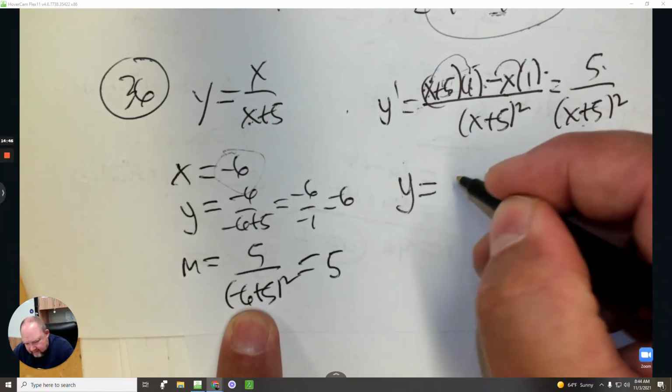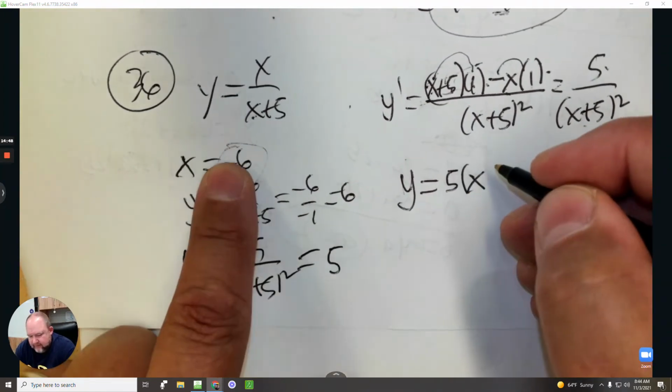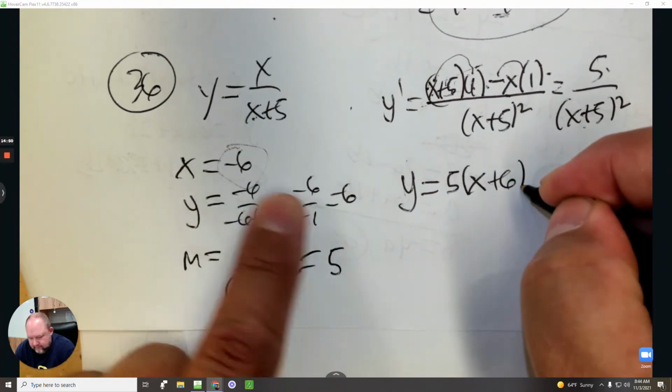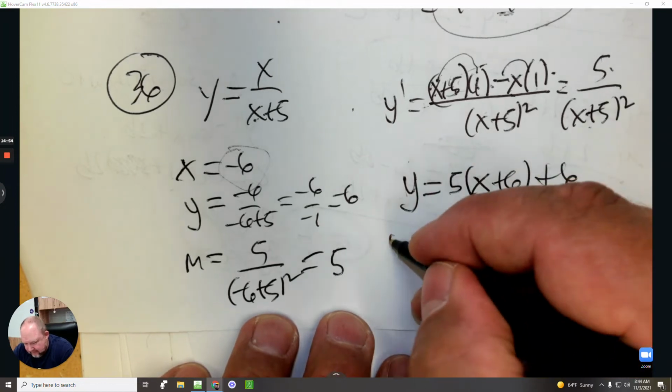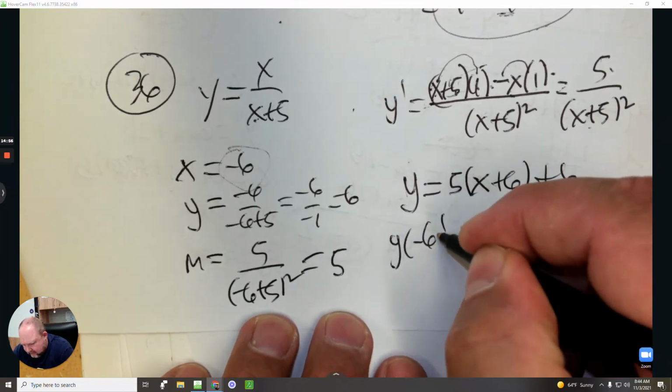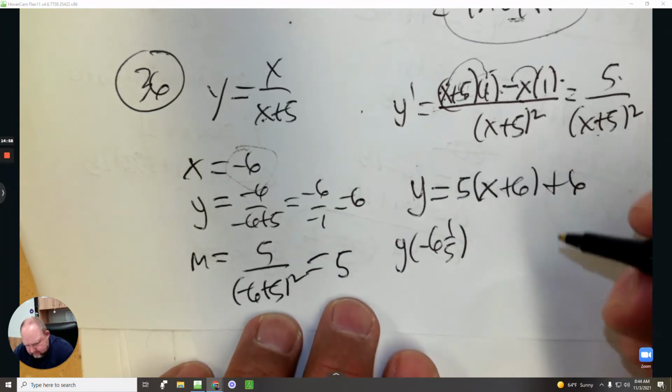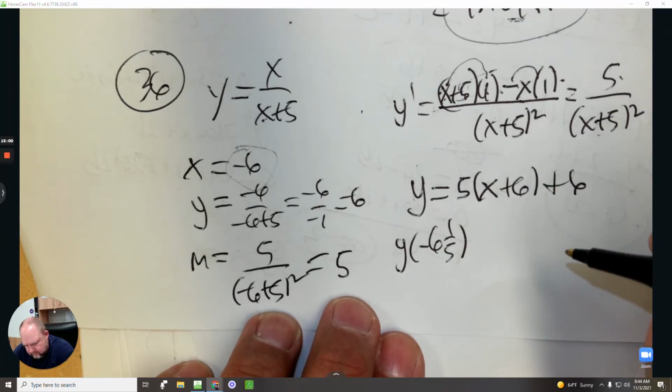So the tangent line is y = 1(x + 6) + 6. And the question is, use that to estimate negative 6 1/5.